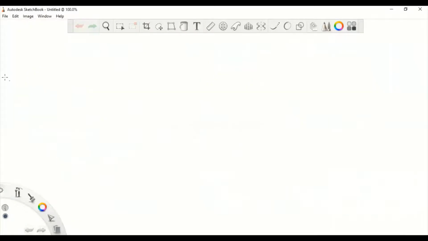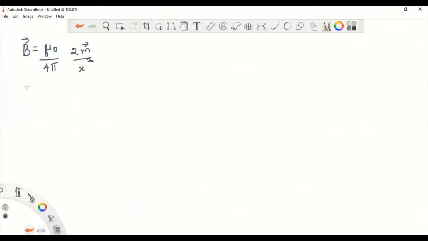So what is our expression, children? B is equal to mu naught by 4 pi, 2m by x cube.